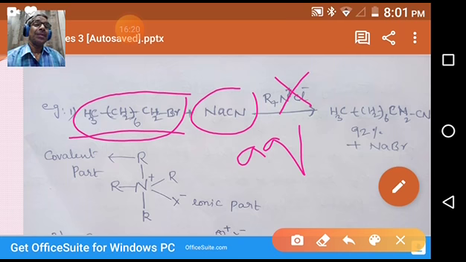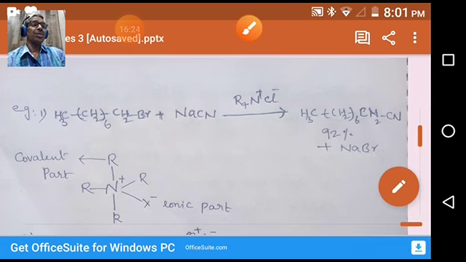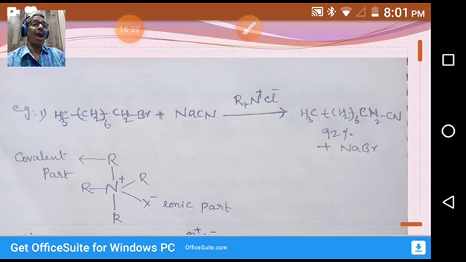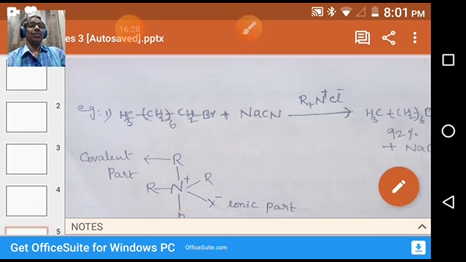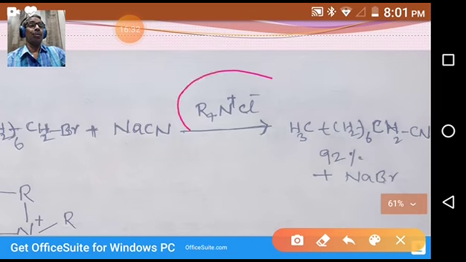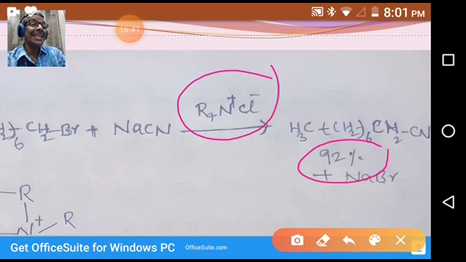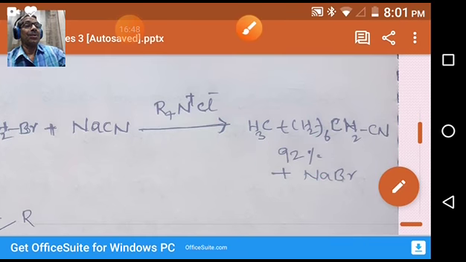But if we add this one, a tetraalkyl ammonium halide, the reaction completes within 1 or 2 hours, giving 92% yield. This is very important. The reaction yield is 92%. What is the product? You see, this is the product.